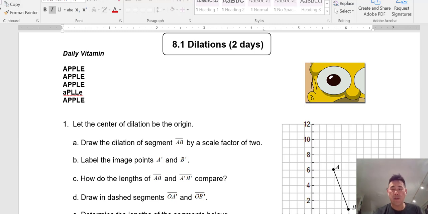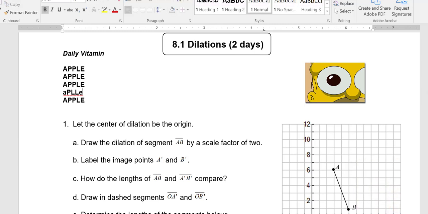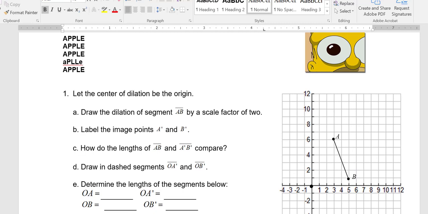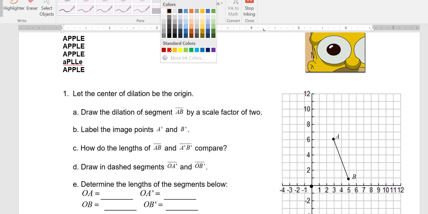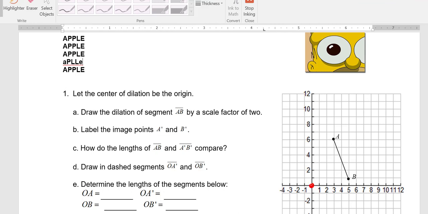Okay, let's take a look at this first problem here. We are looking at a couple of points, A and B, and the center of dilation being the origin. So here's the center of dilation, here's a point A, here's a point B. It says draw the dilation of the segment by a scale factor of 2.